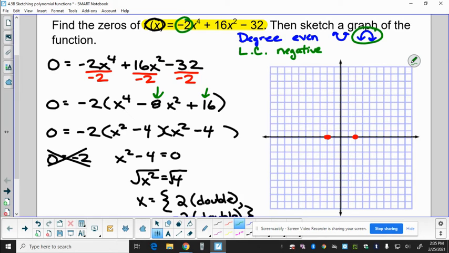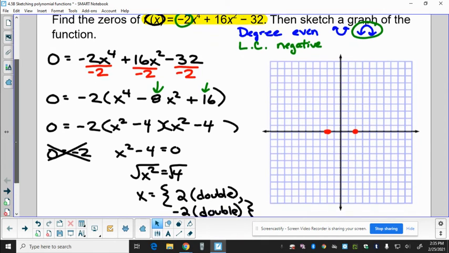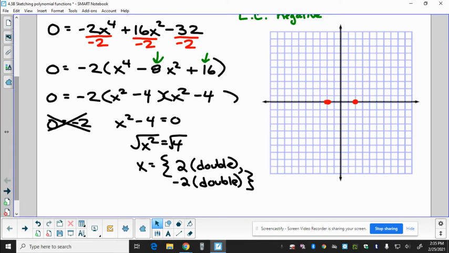One more thing I want to focus on: the multiplicity of these zeros. Since they are double zeros, that means the x-intercepts will look like little parabolas, like that. So you can go ahead and put that on your graph because there are two of them.